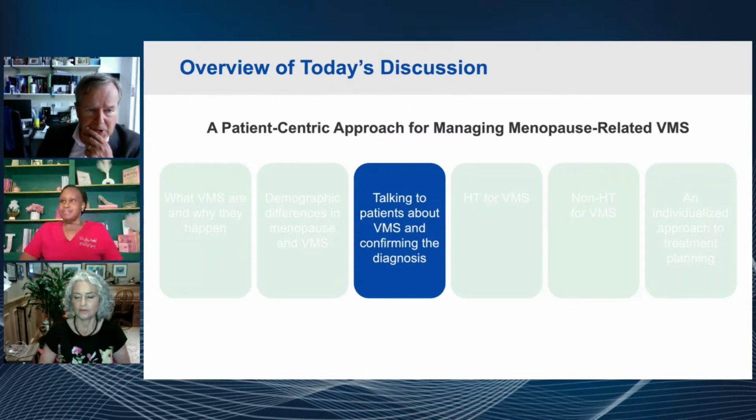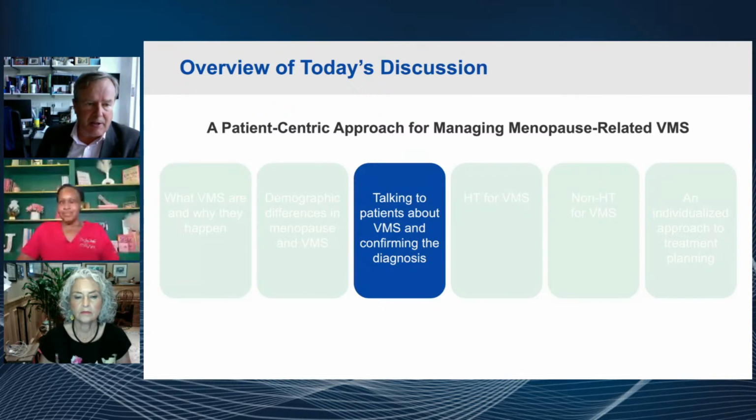Well, could I just chip in with a first comment there, and pick up on something that you said earlier about how they can start before obvious cycle irregularity comes along, and that then makes it very difficult because you're not going to pick up the classic biochemical menopause diagnostic tests, the high FSH, the low estradiol that we're all familiar with.